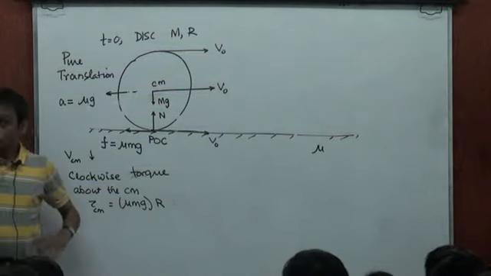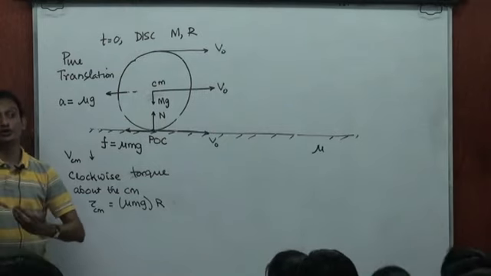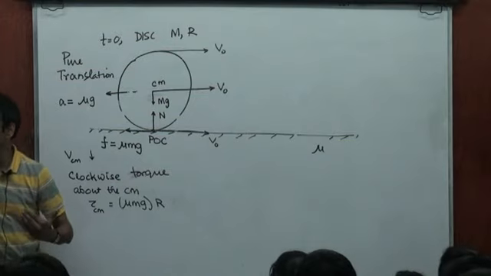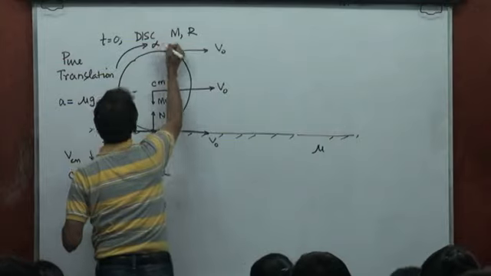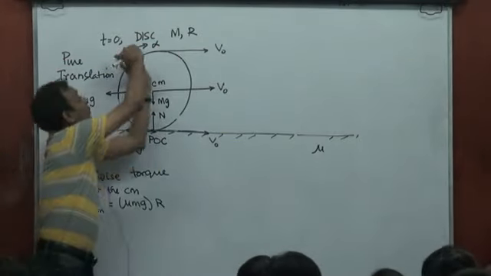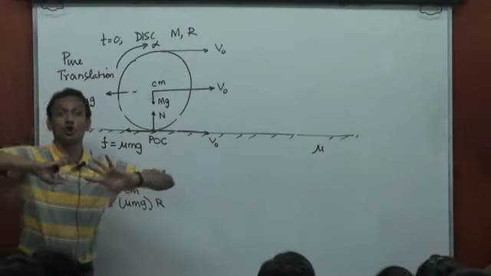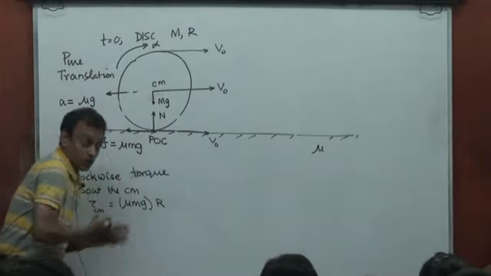Now, this clockwise torque about the center of mass produces a clockwise angular acceleration, a clockwise alpha, right? This clockwise angular acceleration will produce a clockwise angular velocity, yes or no?